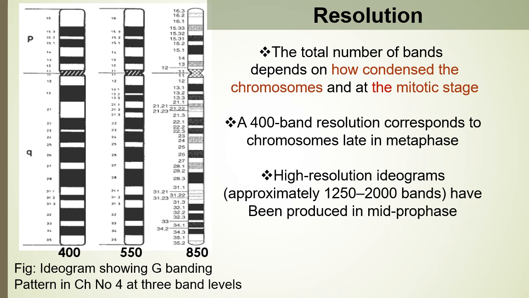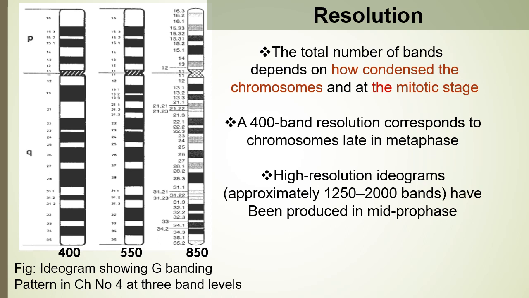Now the band resolution. The total number of bands depends on how condensed the chromosomes are at the mitotic stage. Since the cell division is arrested, many cells would be at different stages of mitosis. Say a 400 band resolution may correspond to chromosomes late in metaphase, or in a high resolution ideogram, approximately 1250 up to 2000 bands can be produced in mid prophase.